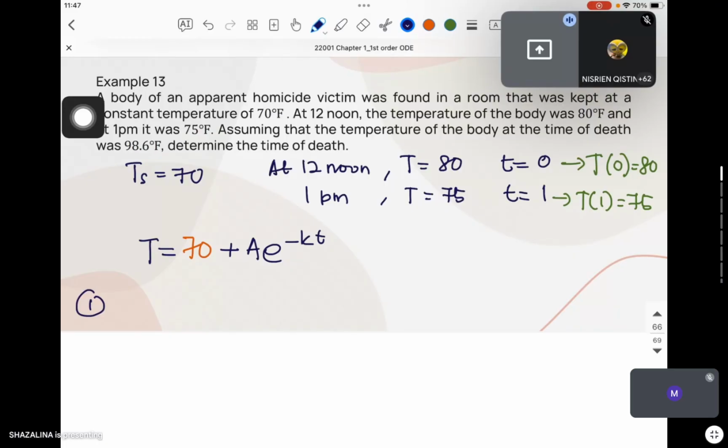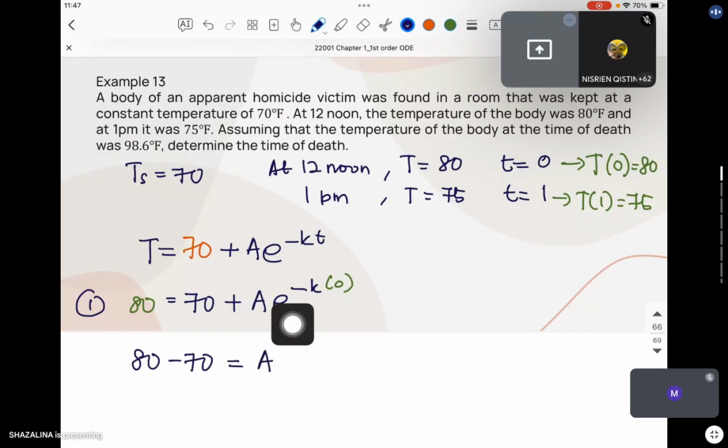So substitute 80 equals 70 plus A e^(-k times 0), with our small t here representing 0. Sama macam tadi, calculate 80 minus 70. e to the power of 0 is 1, A times 1 is A. So our A here represents 10.